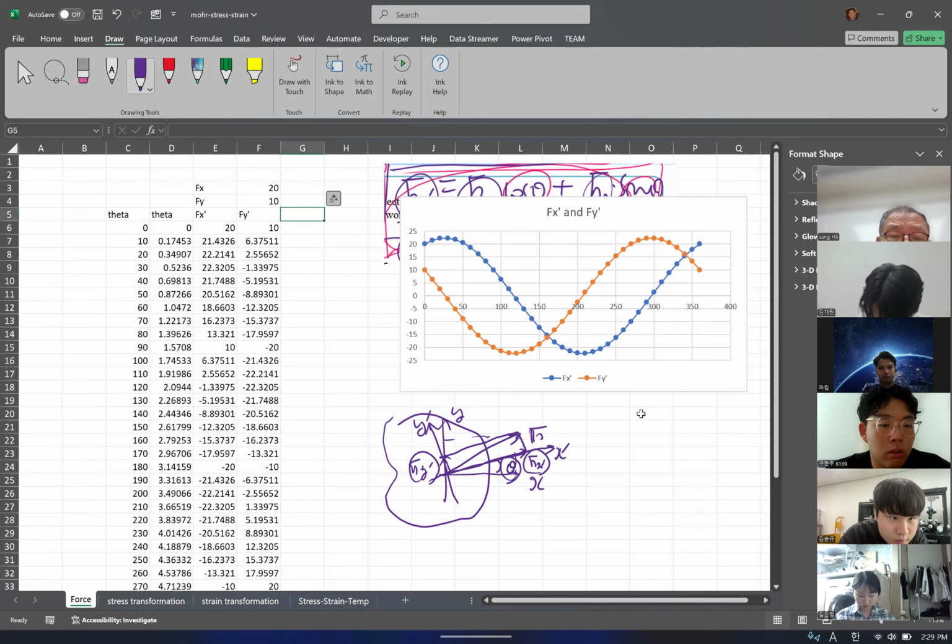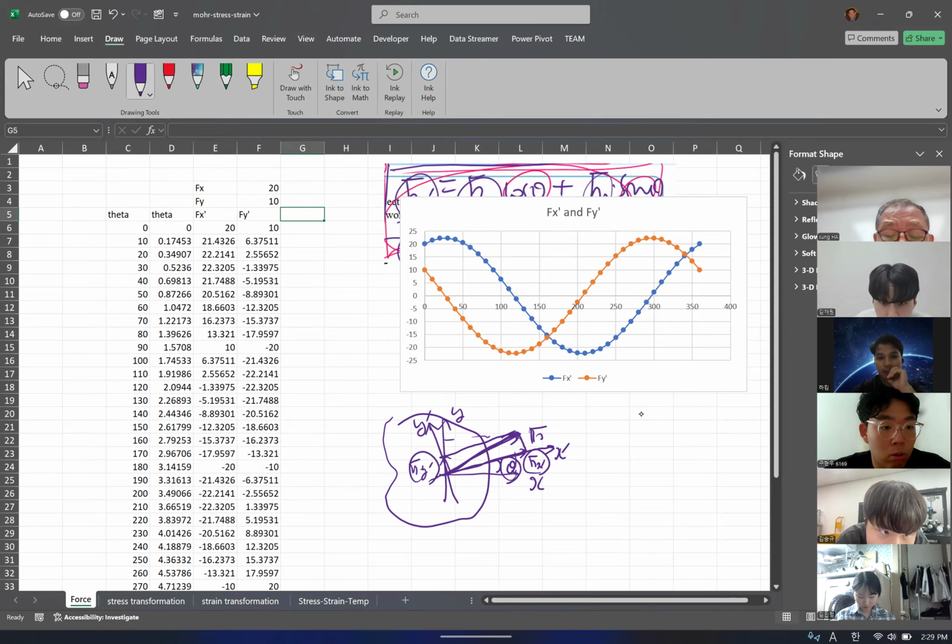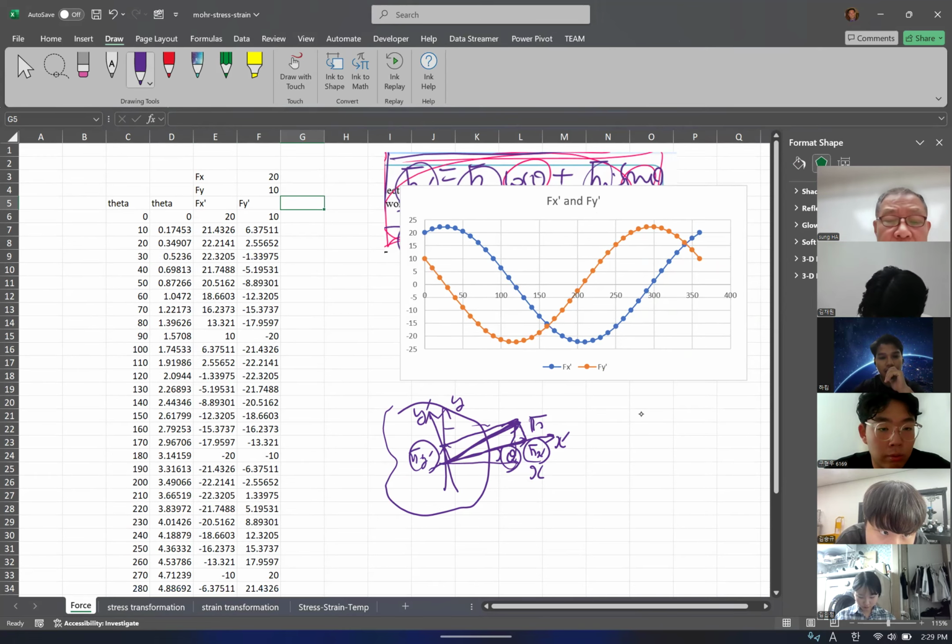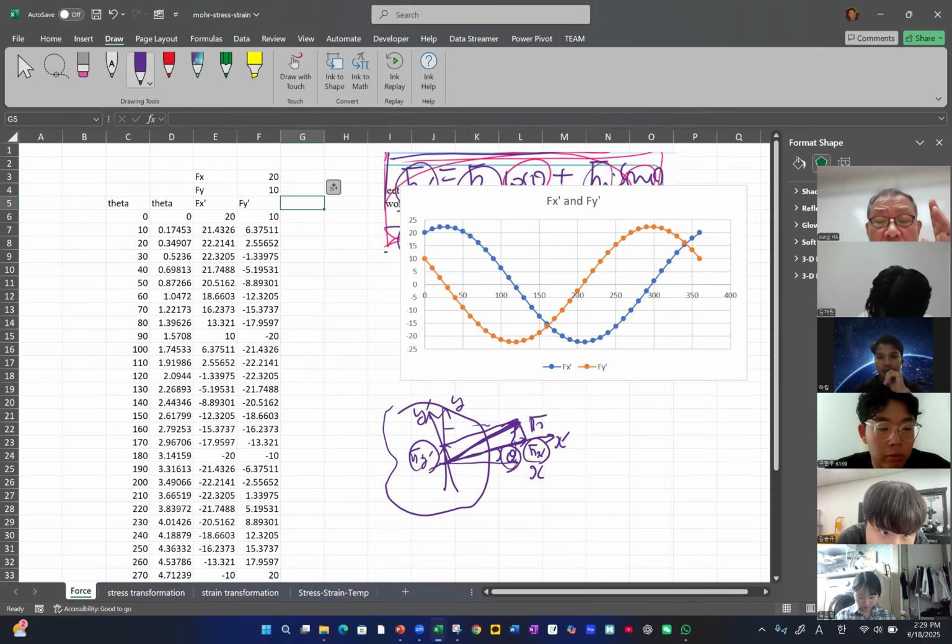So now, let me ask one thing. Regardless of this coordinate system, what quantity does not change? Which one? Well, simply this magnitude will remain the same, right? The magnitude of the vector will remain the same.